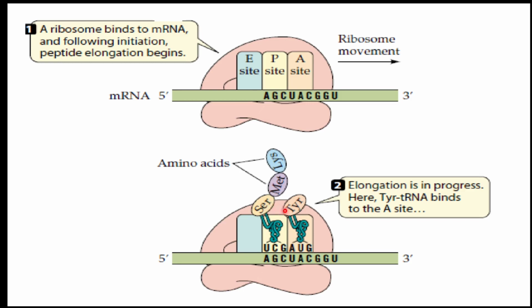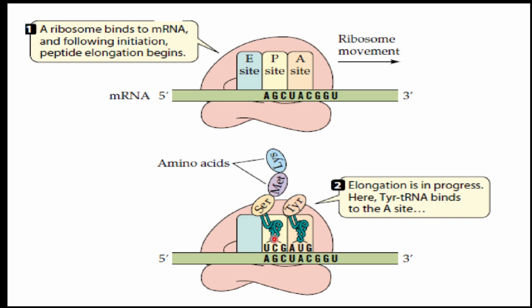And the moment they form a peptide bond, the messenger RNA is going to move. It's going to move along the ribosomes, and before you know it, the transfer RNA which is here is going to be in the exit site. Meaning, the one which was in the acceptor site is going to now be in the peptidyl site.